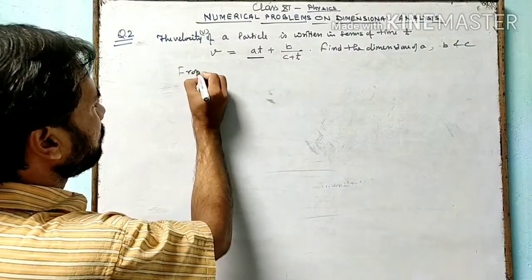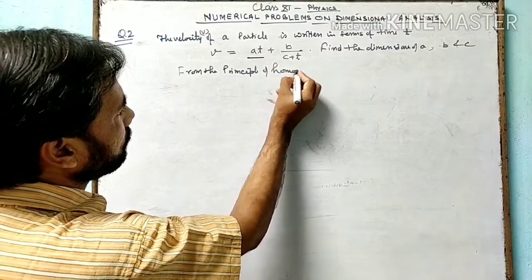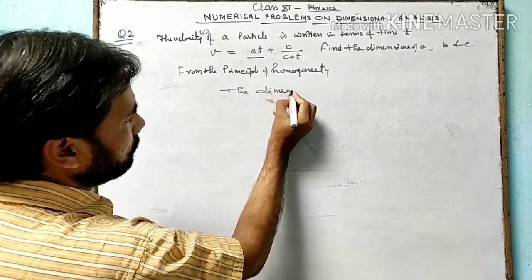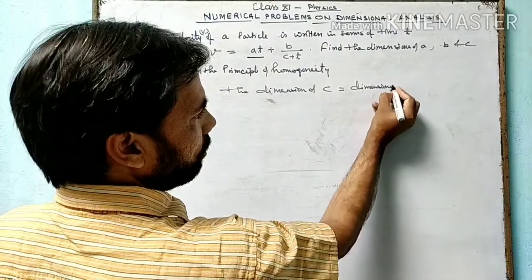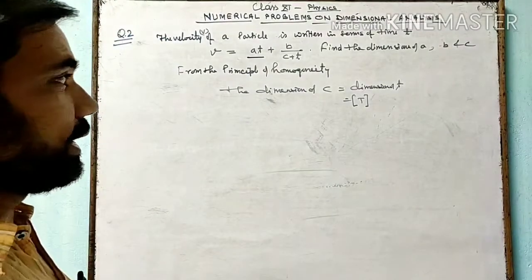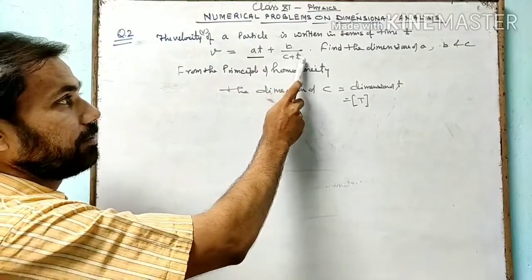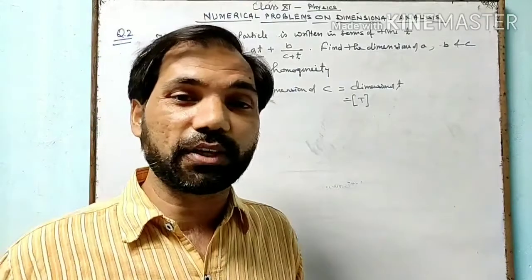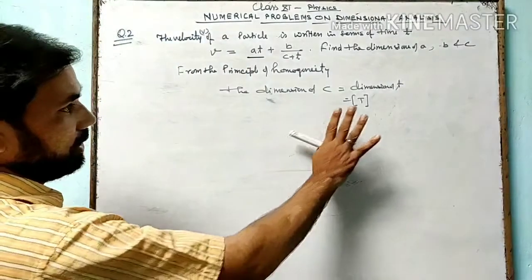From the principle of homogeneity, the dimension of c is equal to the dimension of time t, because like quantities can be added or subtracted. Since c is added with time, it must have the dimension of time. We cannot add or subtract mass, length or any other physical quantity with time. That is very simple logic. So the dimension of c is T.